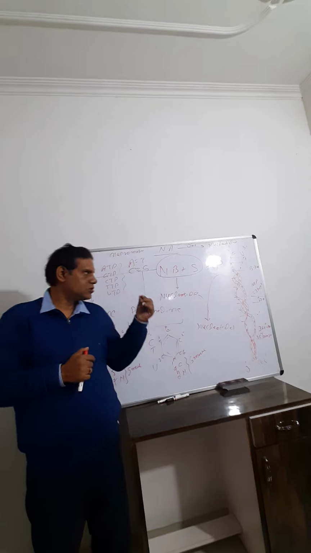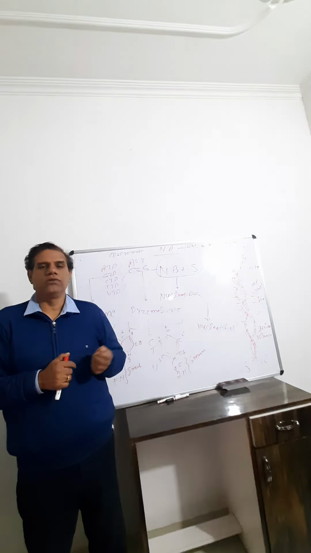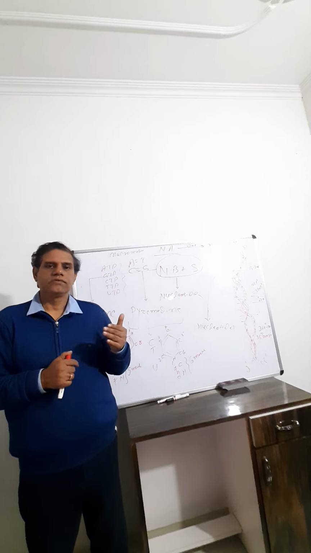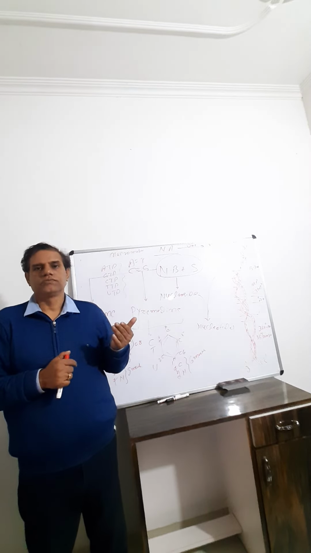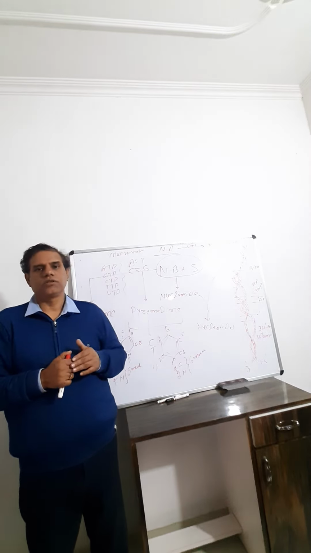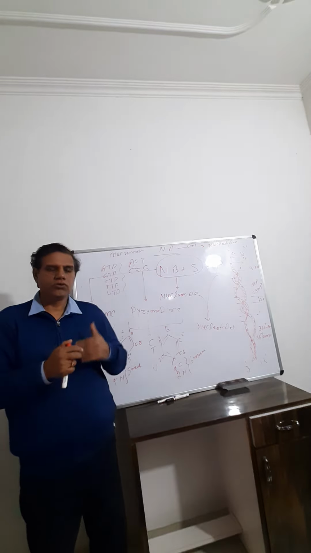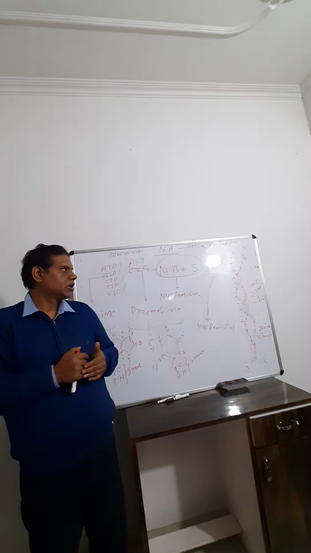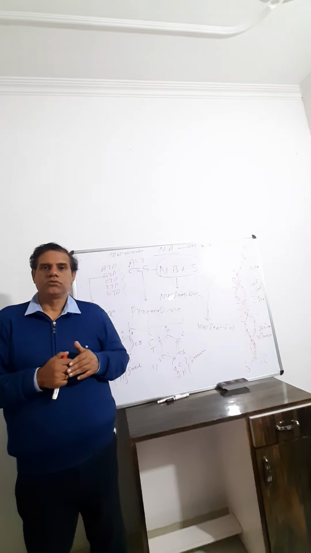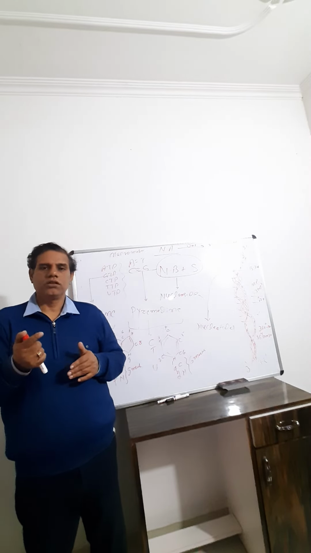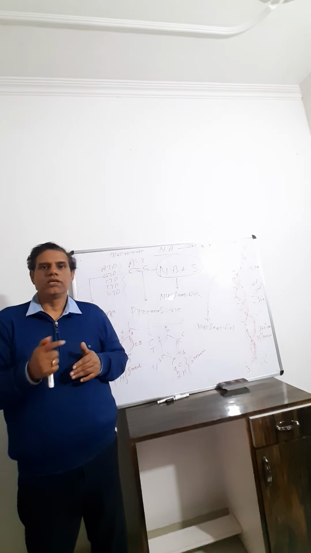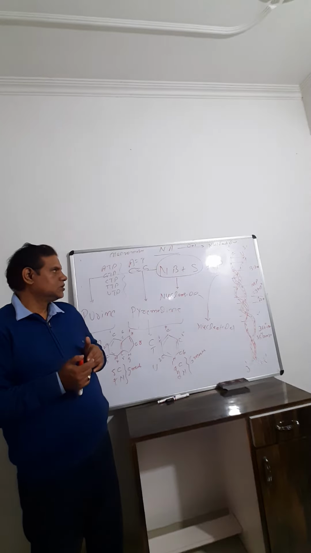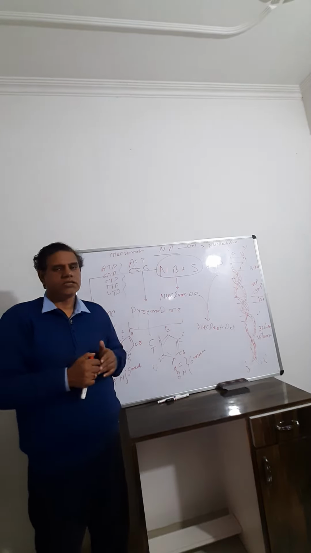And the most important property of DNA is called Tm value. More GC, more Tm, and less GC, less Tm. Because GC means guanine and cytosine, which have more hydrogen bonds, and AT has fewer hydrogen bonds. So more GC, more Tm, less GC, less Tm. That is called melting temperature.